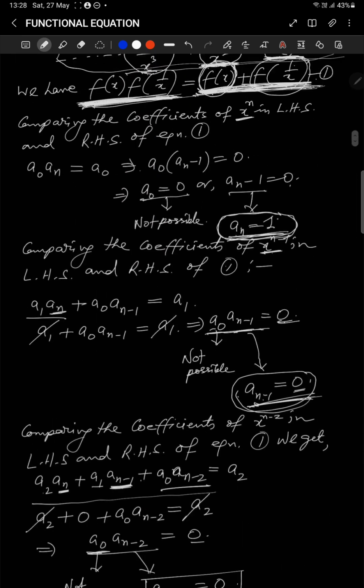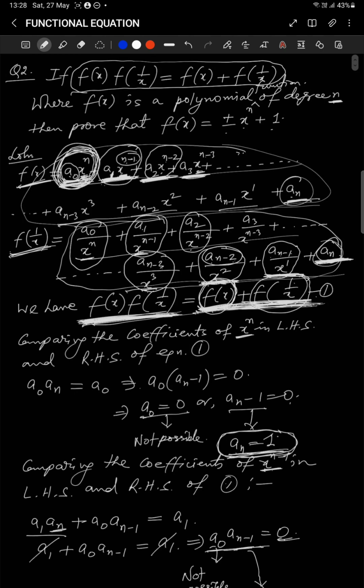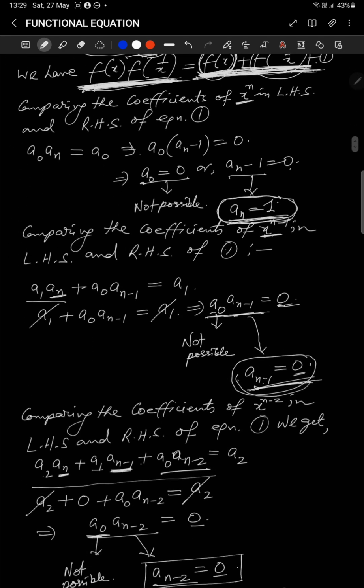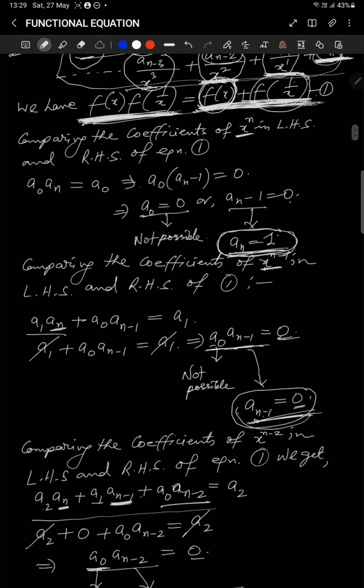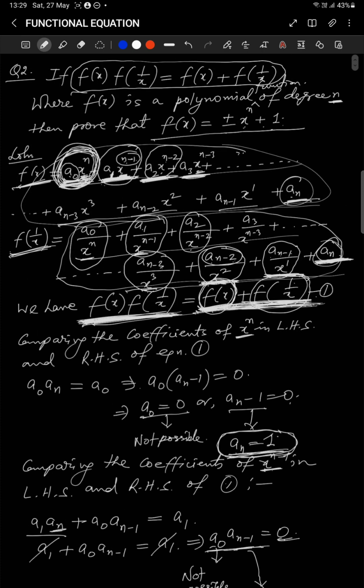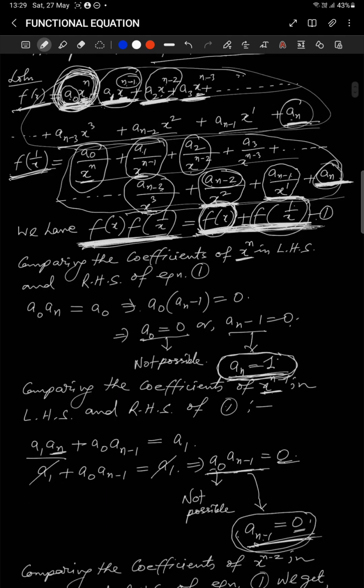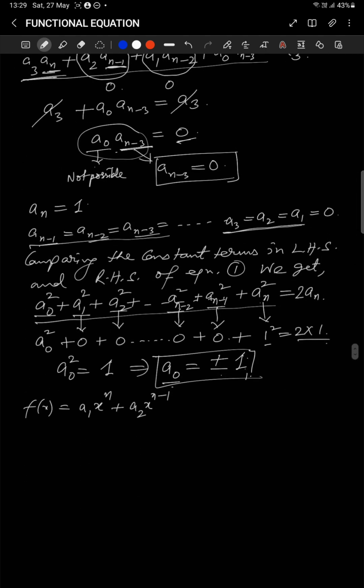Let us come back. What we have to find? We have to prove that f(x) is equal to plus minus x to the power n. And we have assumed f(x) is equal to a0 x to the power n plus a1 x to the power n minus 1, all these terms. So let me just write again. No, I think there is some mistake over here.